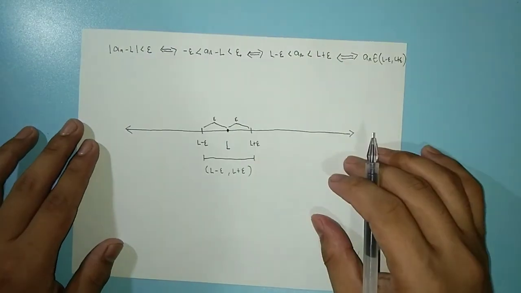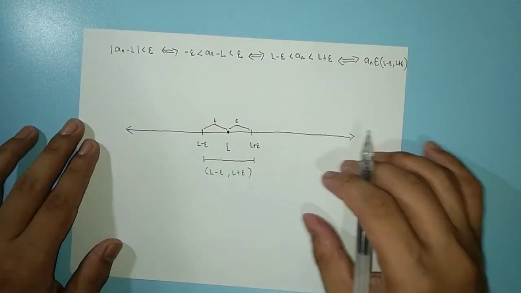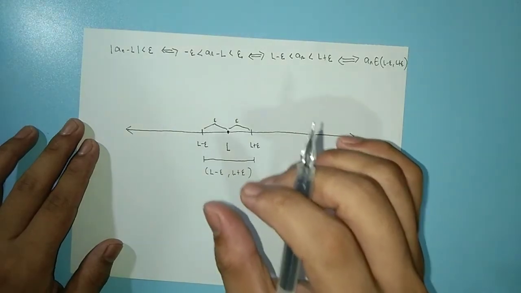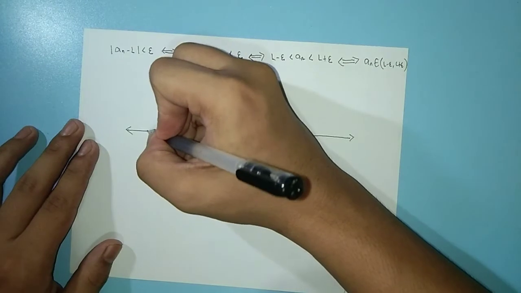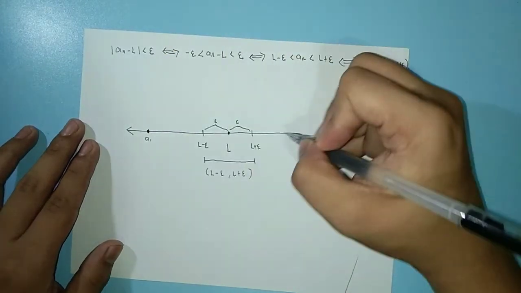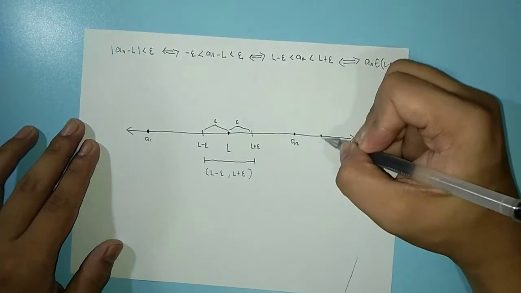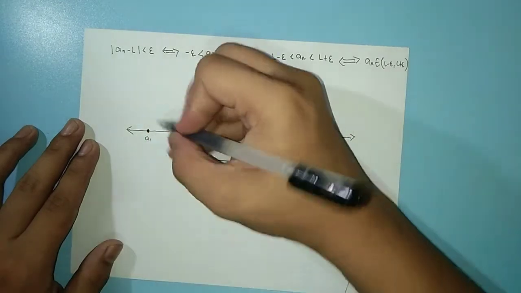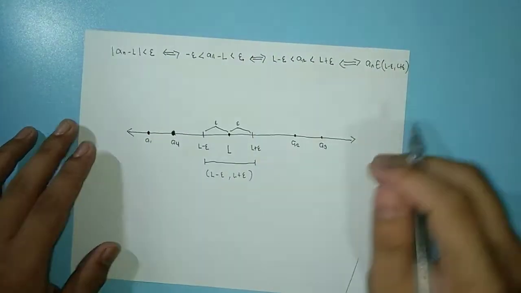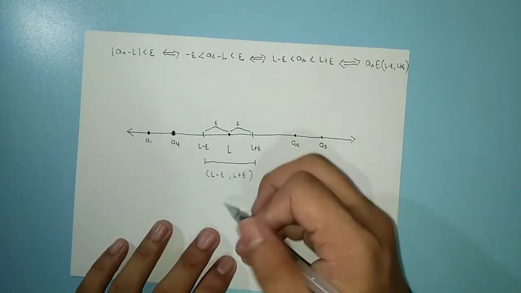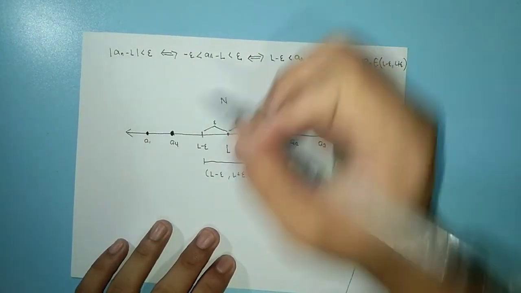So, according to our definition, the sequence is convergent if, for example, here is A sub 1, here is A sub 2, here is A sub 3. So, any of those are outside the interval. Here is A sub 4. Then, when we reach capital N, okay?